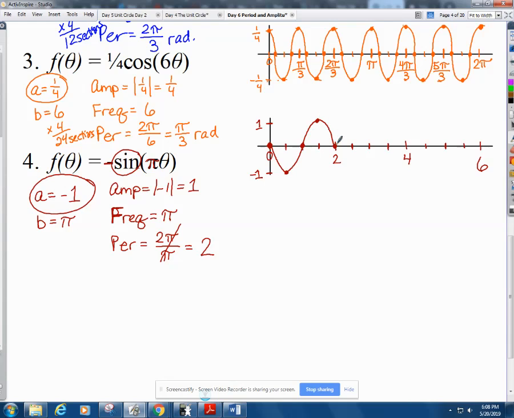Now, if they didn't tell us that we needed to show go to 6 or show 3 cycles or whatever, we could have just drawn one curve and been done, but I felt like we should just draw more so we understand.